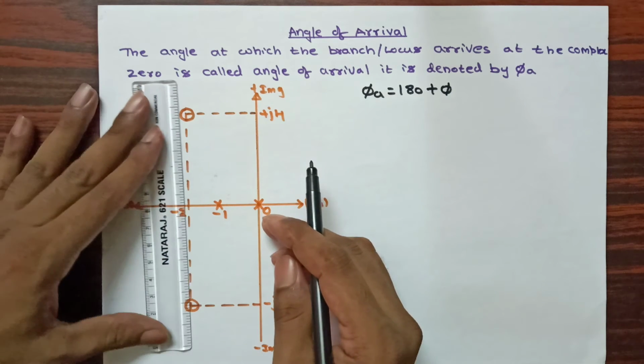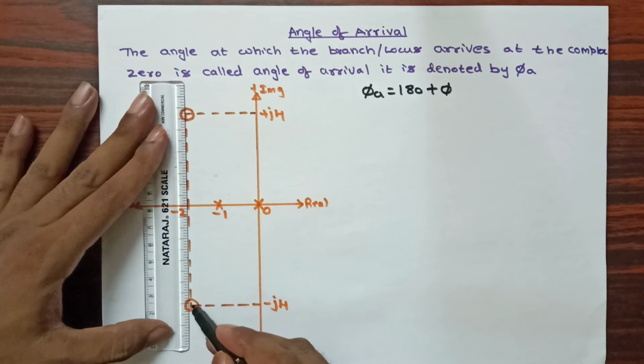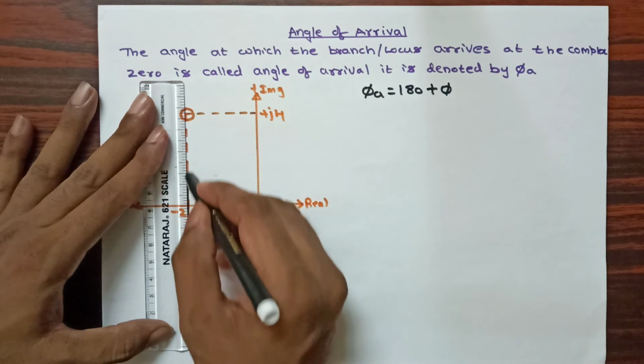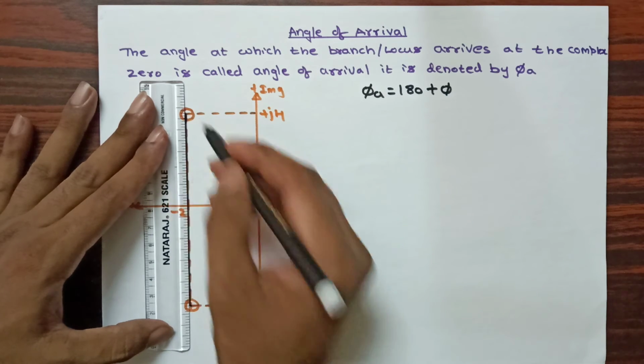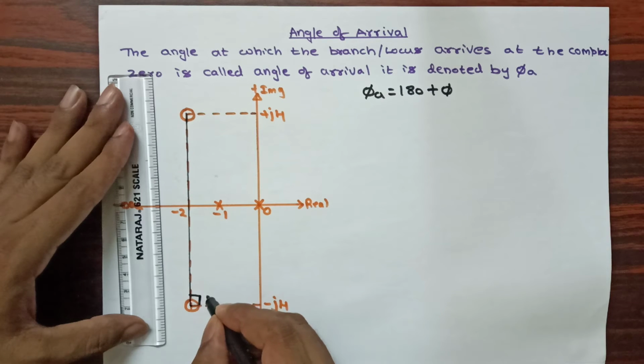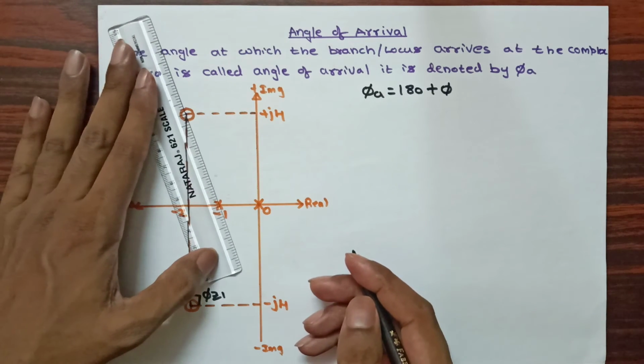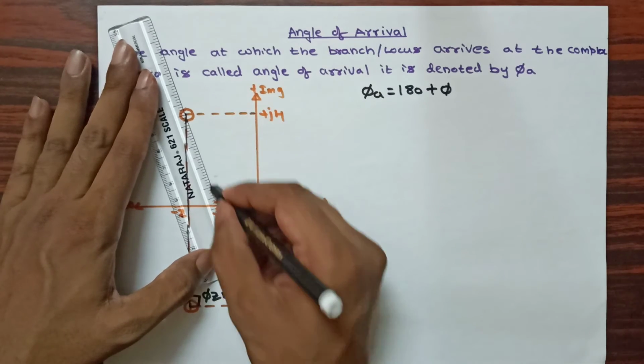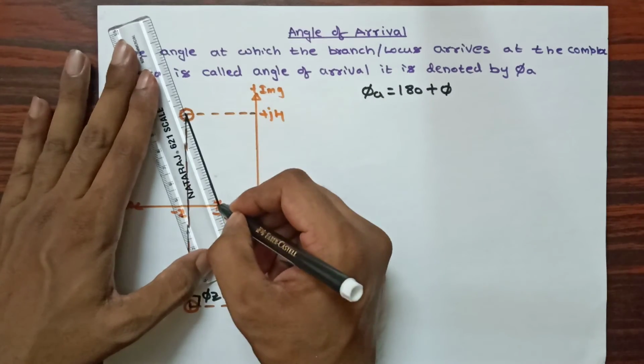So by joining this zero towards this point I am going to get the first zero angle, that is phi z1, and then I am going to join this pole towards this point.